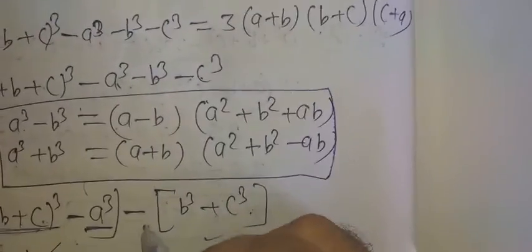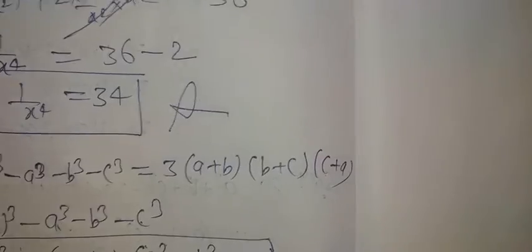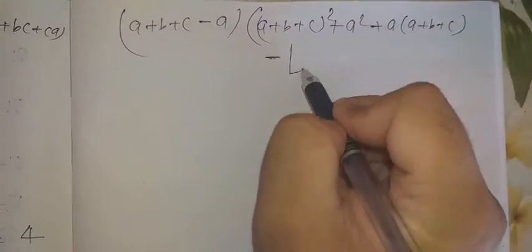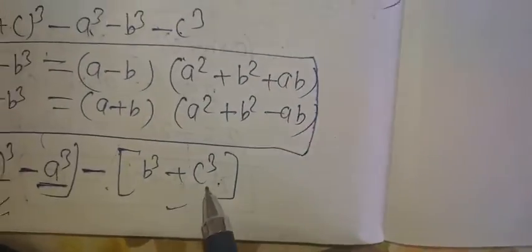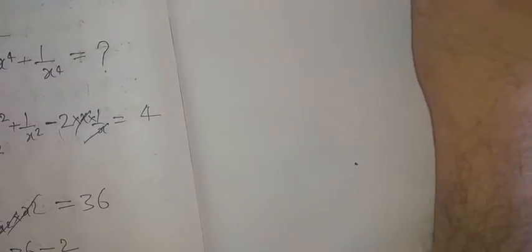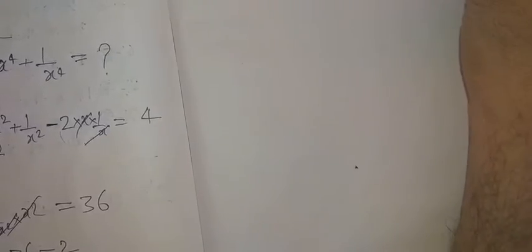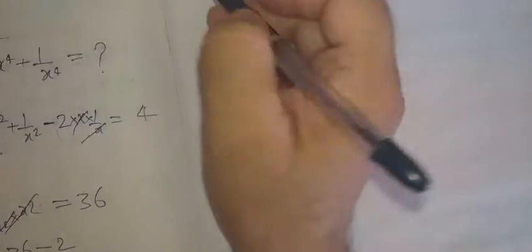Then minus b cube plus c cube. Apply this formula, (b plus c) into (b square plus c square minus bc).